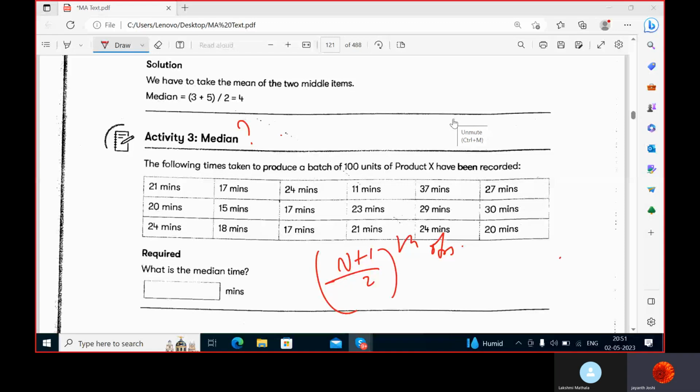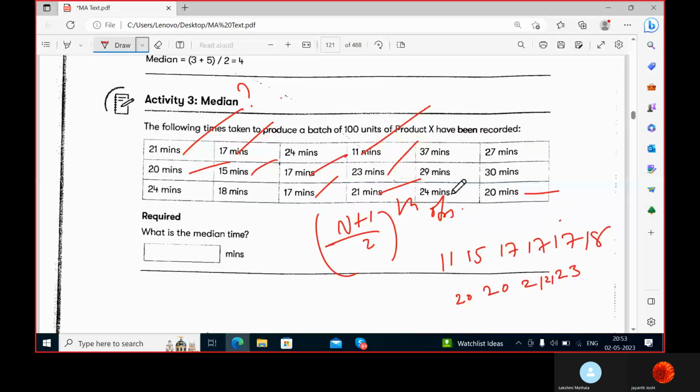Then 24, 20. 18, how many times? 18 is only one time, no? Yes, sir.